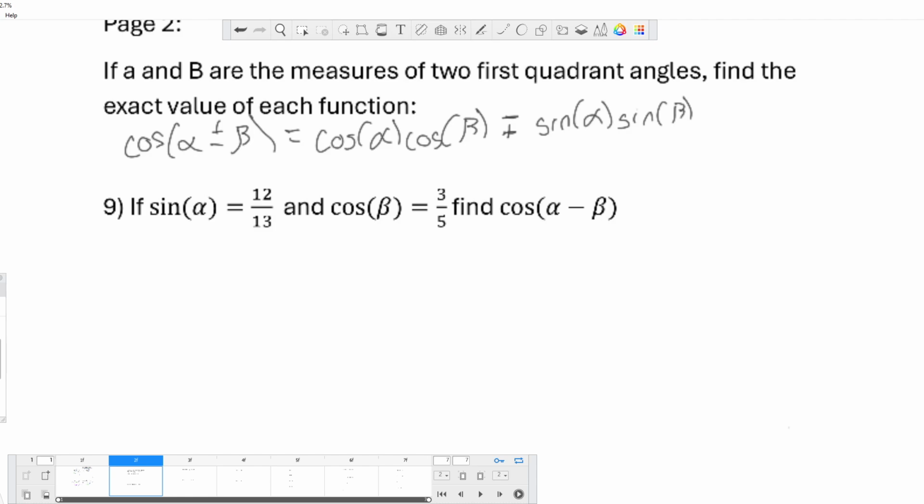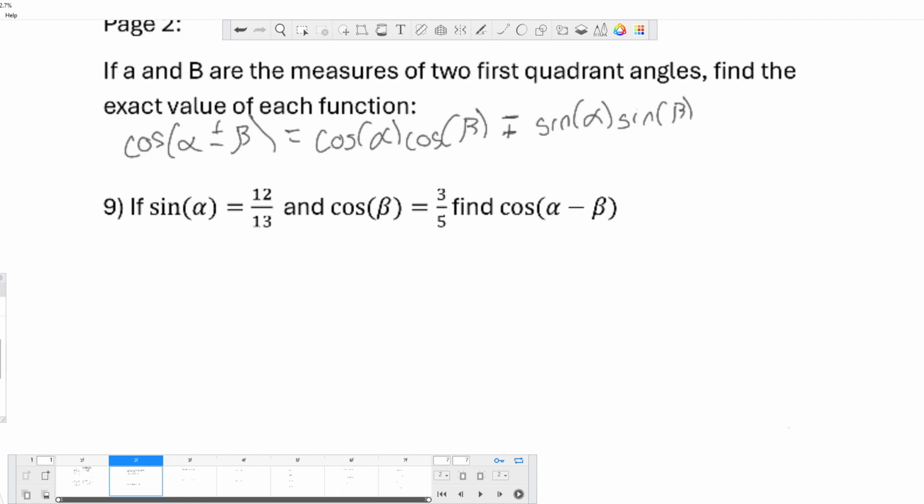And what we're going to end up discovering during this question is we may not have all of the pieces that we need in order to solve everything. So let's plug in the formula and see what we're missing.